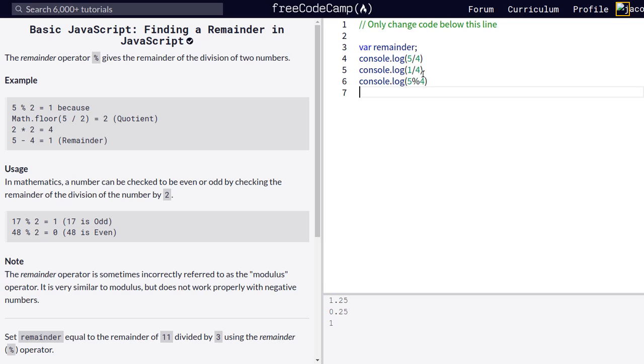So for example, we want to know whether 3 is even or odd, and the computer can calculate like this: 3 remainder operator 2 equals 1. So 3 divided by 2 leaves a remainder of 1.